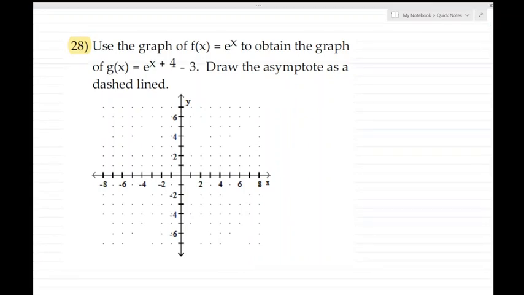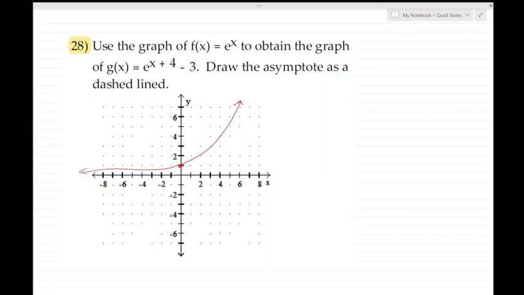Again, just finding the graph of an exponential function, then we want to use the parent graph e to the x, and e to the x as well goes through 0, 1, because e to the 0 power equals 1.